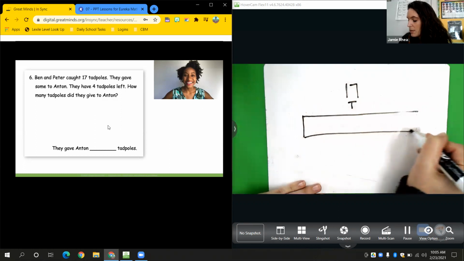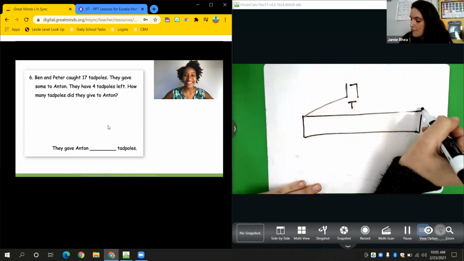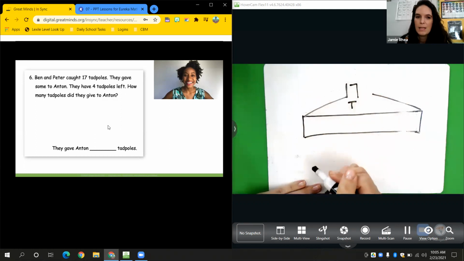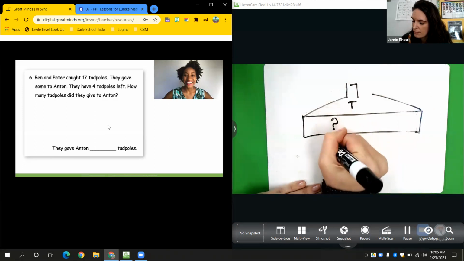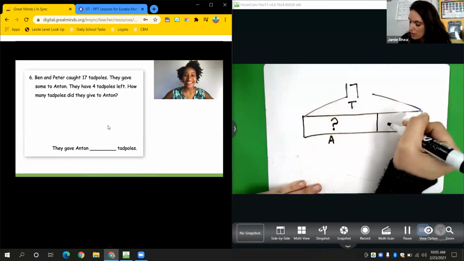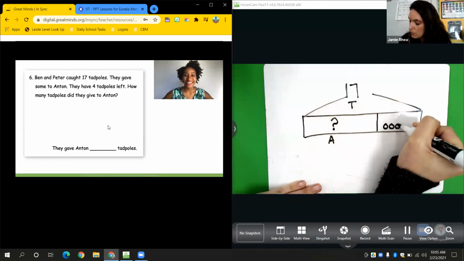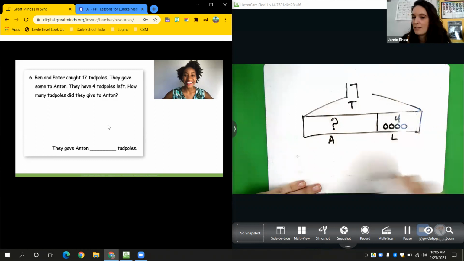I'm going to draw it kind of big because 17 is a lot. Okay, now I know that they gave some to Anton, and then they had 4 left. So let's draw out 4. 1, 2, 3, 4. Okay, so they had 4 left.